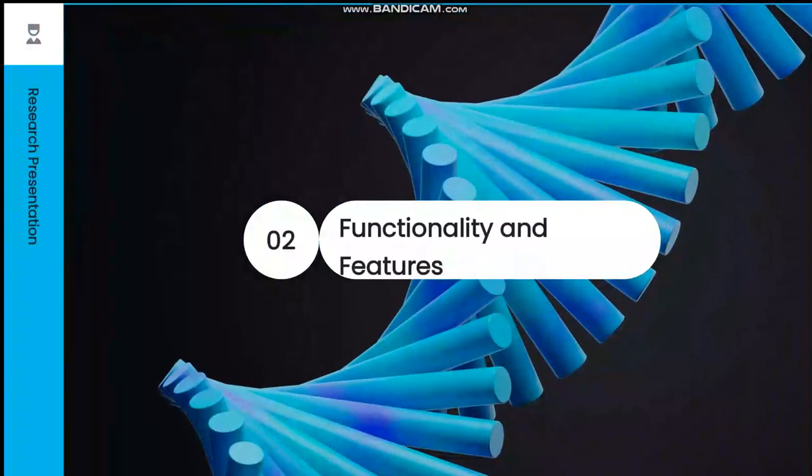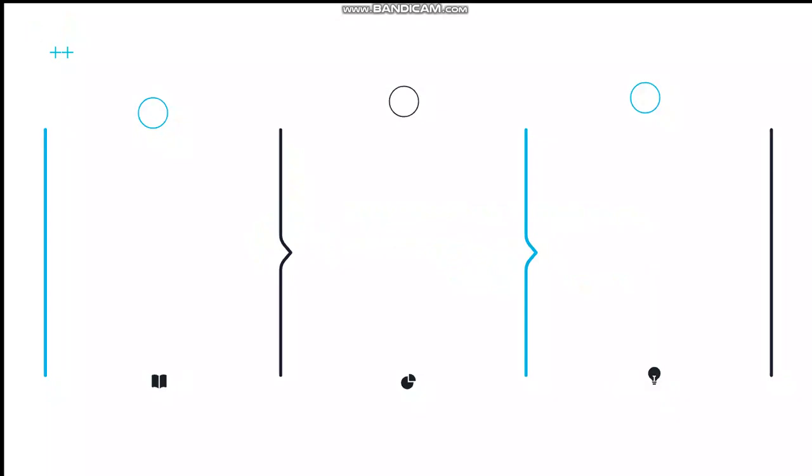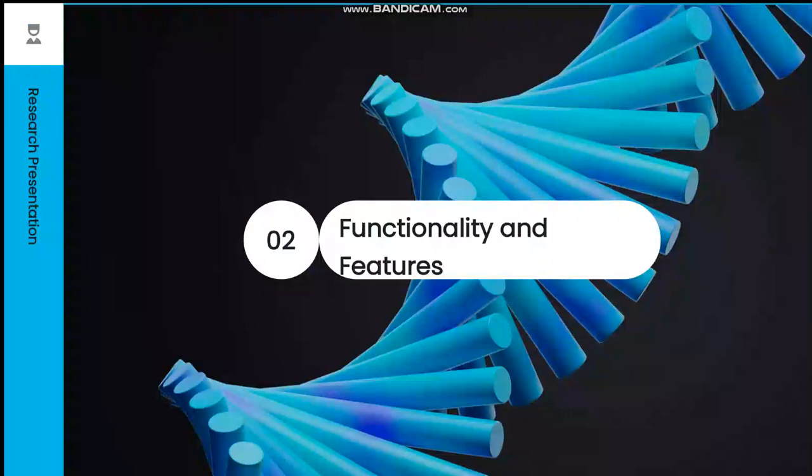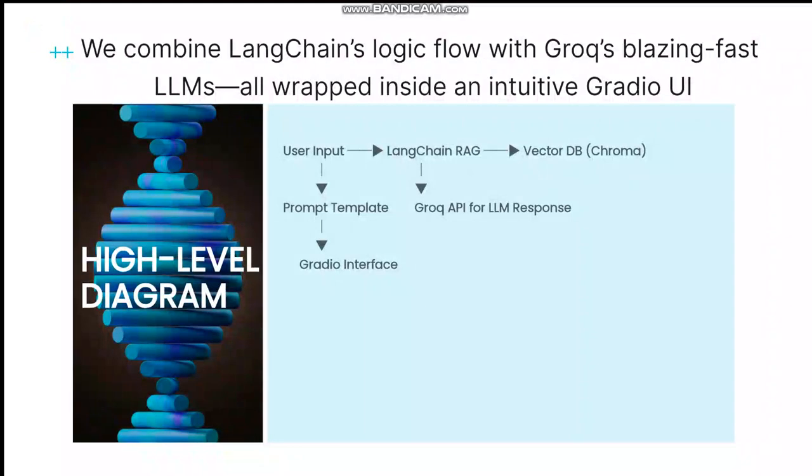Now the functionality and the features: we have the symptom-based diagnosis flow, we have the RAG system, and we have error handling and user experience as well. As we connect these functionalities with the high-level system diagram, the user inputs symptoms into the Gradio interface.